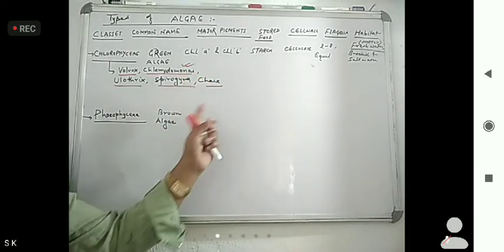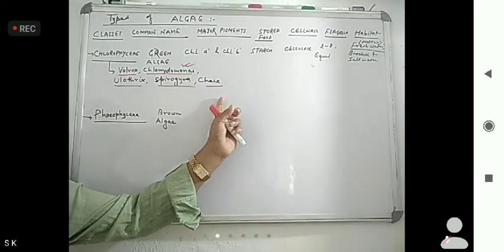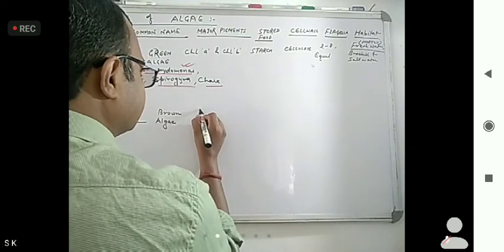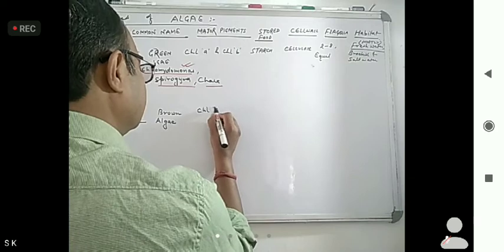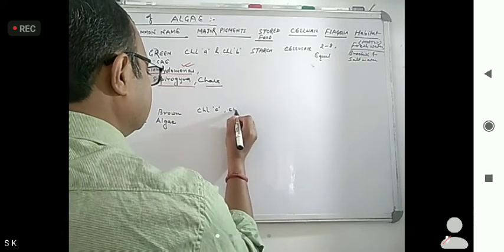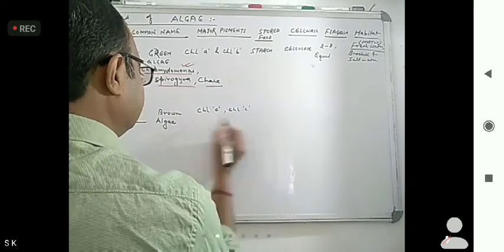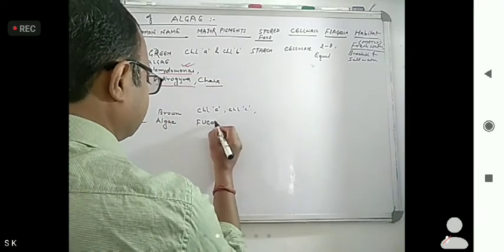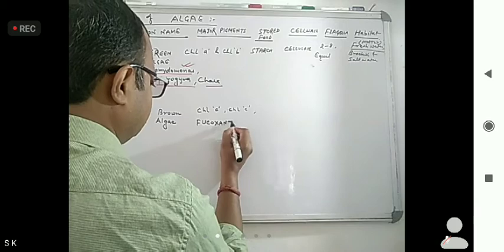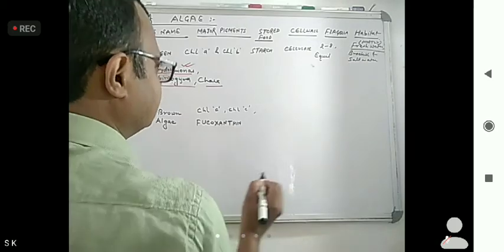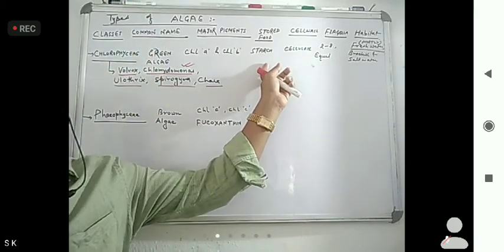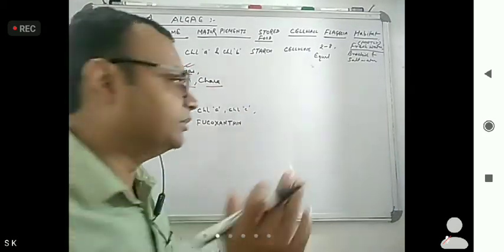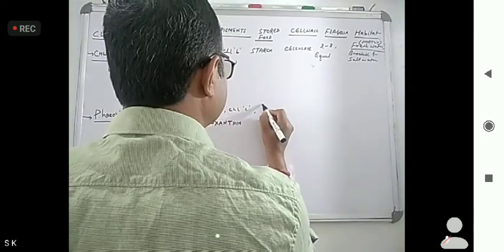Now, in brown algae, the major pigments are chlorophyll A, chlorophyll C, and fucoxanthin, due to which brown color came. If we are saying their stored food, so stored food is what? Mannitol and laminarin.